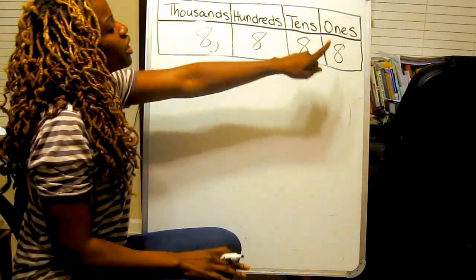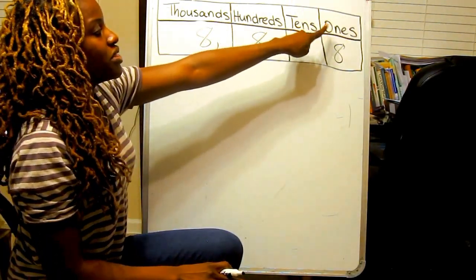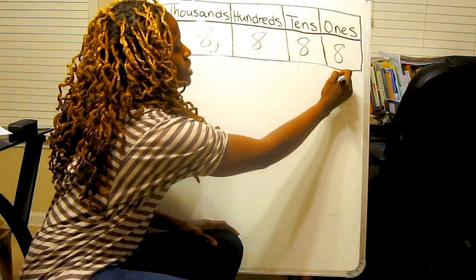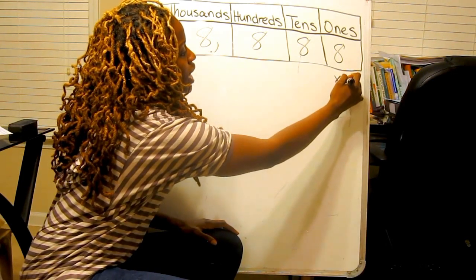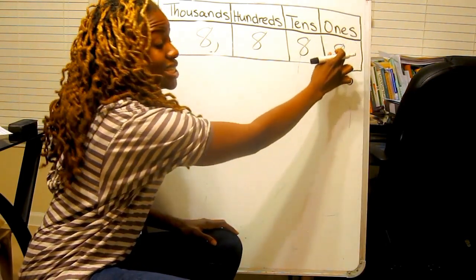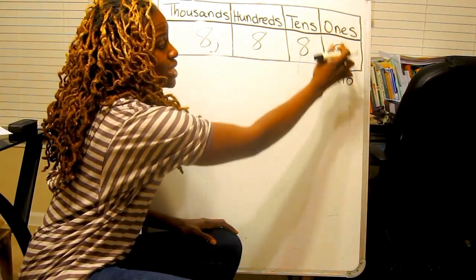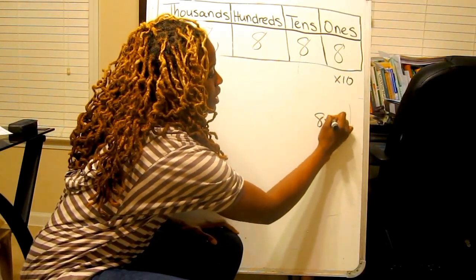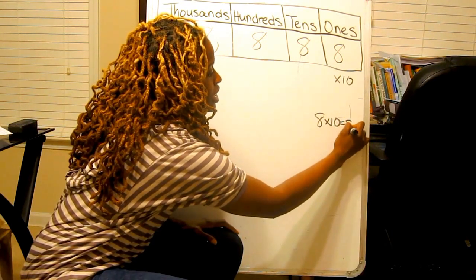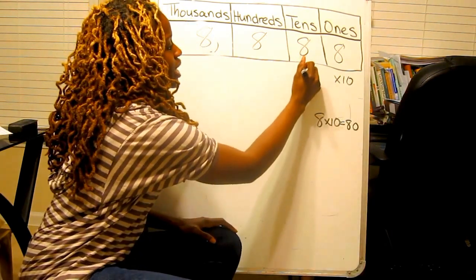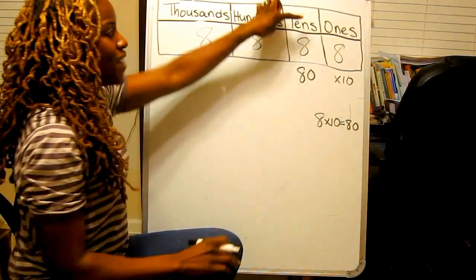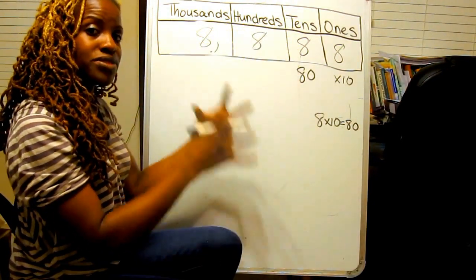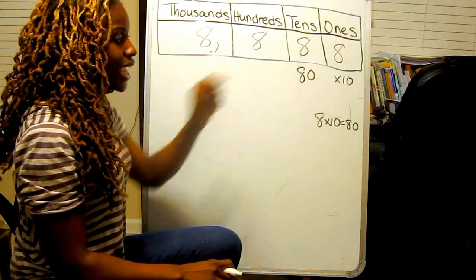Now, to get the value of the 8 in the tens place, we multiply the digit 8 in the ones place by 10. So we get 8 times 10, and that gives us a value of 80. 8 tens, or 8 groups of tens, gives us 80.